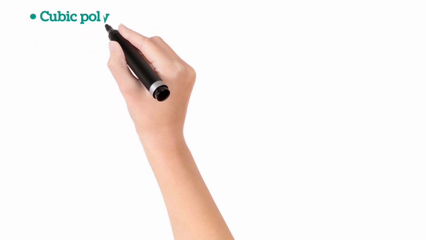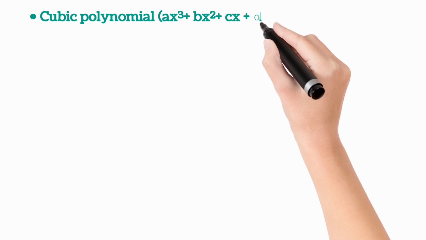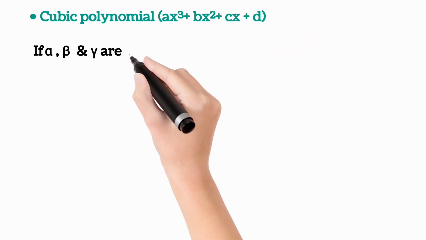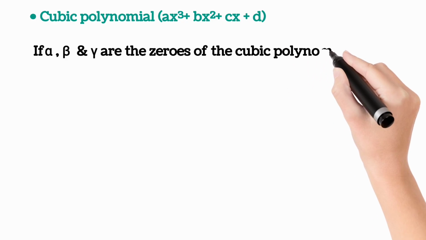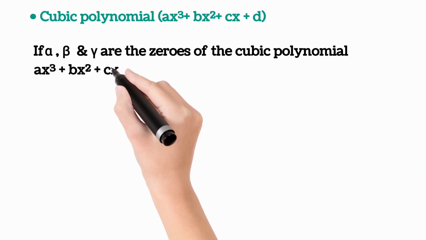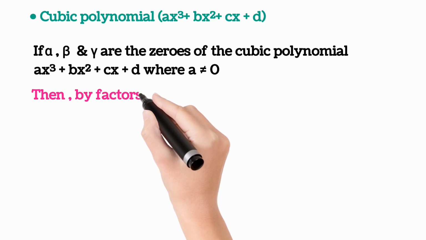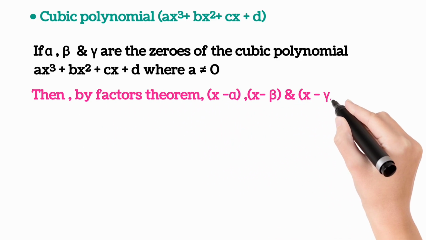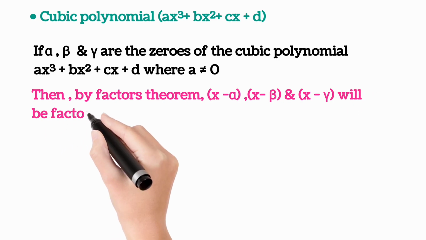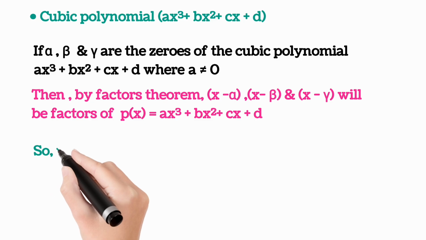For a cubic polynomial of the form ax cube plus bx square plus cx plus d, if alpha, beta and gamma are the zeros of the cubic polynomial where a is not equal to 0, then by the factor theorem x minus alpha, x minus beta and x minus gamma will be factors of p(x), ax cube plus bx square plus cx plus d.